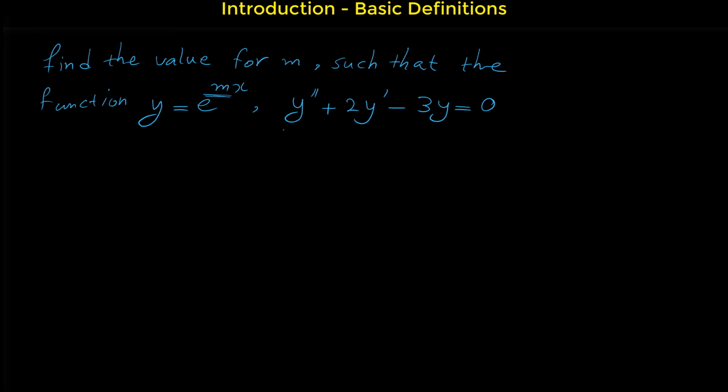First, we have to find y prime and y double prime. Y prime, the derivative of e to the mx, is e to the mx times the derivative of mx, which is m. And for y double prime, note that here m is a coefficient.